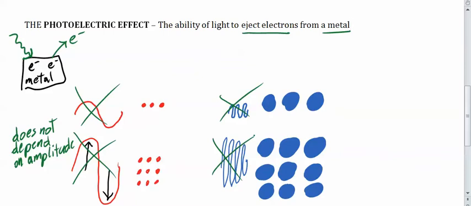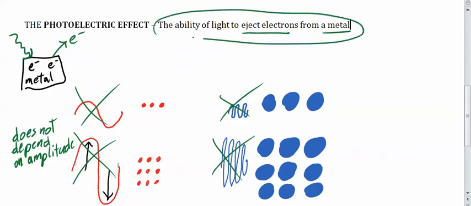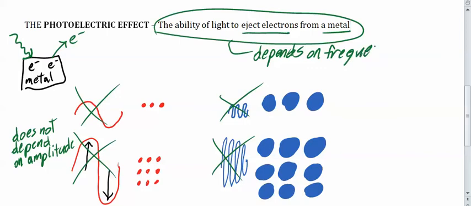Instead, the ability of light to eject electrons from a metal depends on frequency. And you might remember from the equation E equals h nu, where nu is frequency, larger frequency means larger energy.